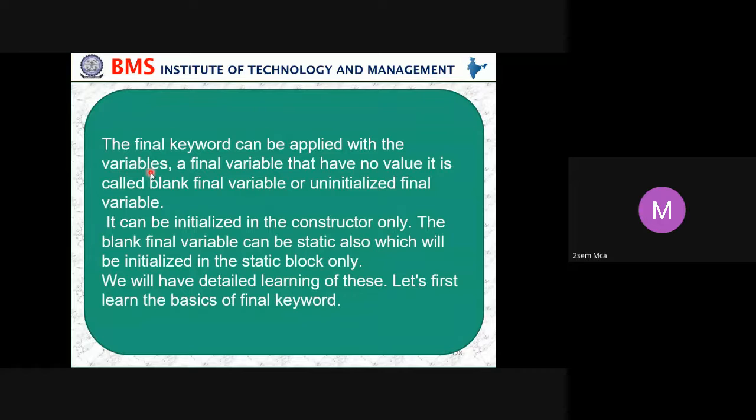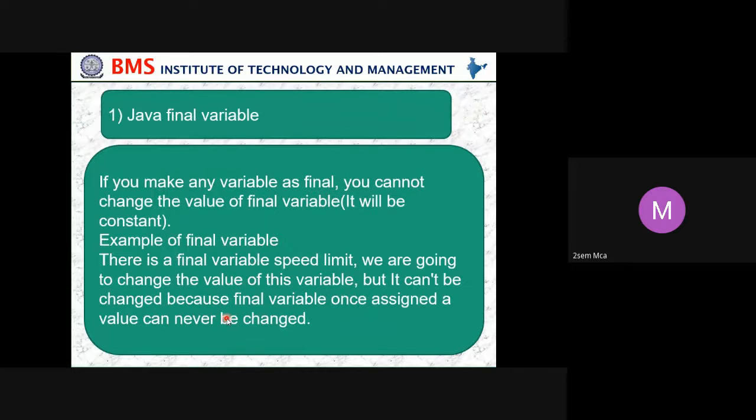A final variable that has no value is called a blank final variable or uninitialized final variable. It can be initialized in the constructor only. A blank final variable can be static also, which will be initialized in the static block only. We will learn about this in detail. Let's first see the basics of the final keyword.